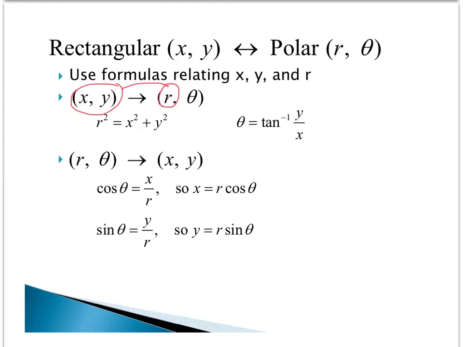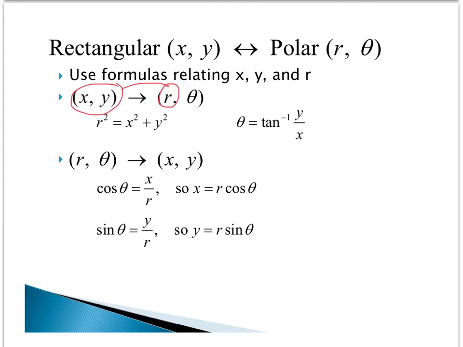We used this when we were trying to find the directional angle for vectors last chapter. We're going to use the same idea: tangent of theta is equal to y over x, so by doing tangent inverse, we can find the angle. We have to recall that the quadrant is important, and we can determine this based on the positive or negativeness of x and y.